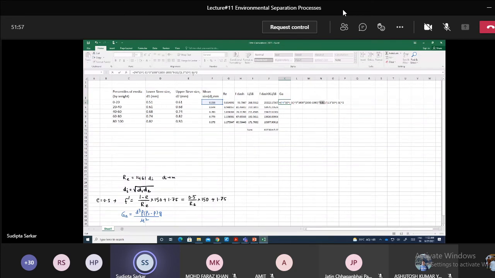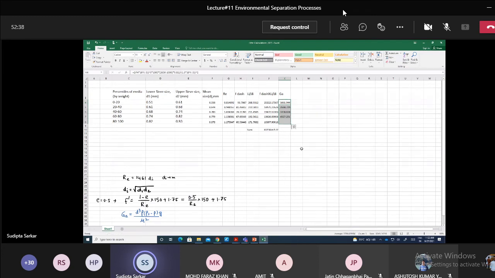Now this 9.81 shows a problem. Let me put an extra bracket right here and then try to enter. Okay, so this is correct. I have corrected this formula.